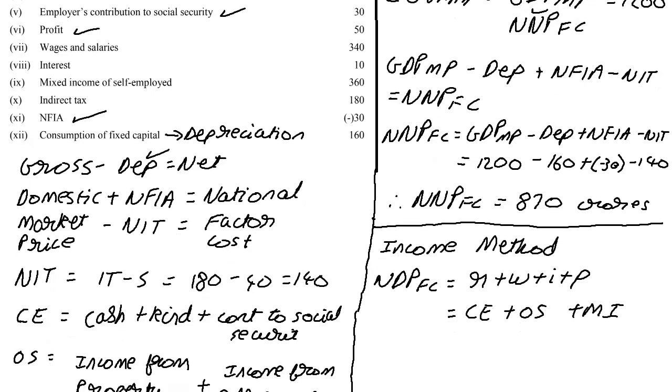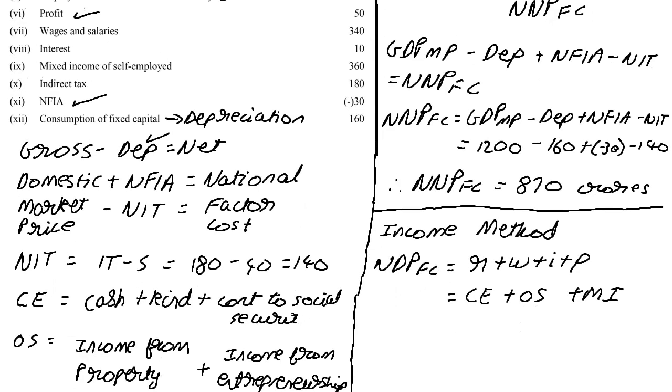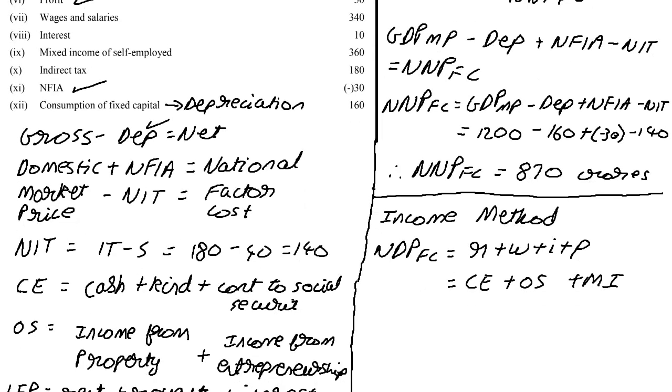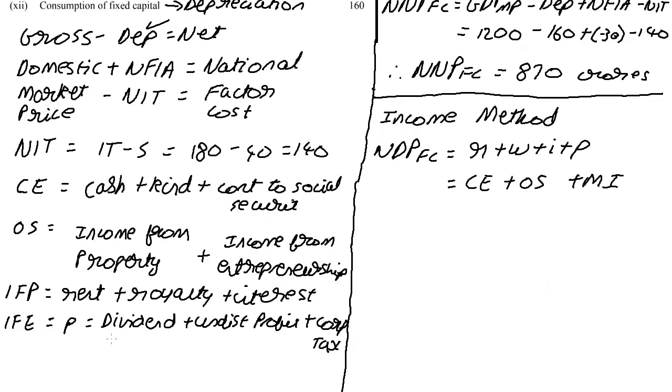So as far as income from entrepreneurship is concerned, we have a direct number. So I'm going to solve for operating surplus directly, which is equal to income from property plus income from entrepreneurship. Income from property, we can do a little bit of calculation because rent is given, interest is given. There's no royalty in our question.